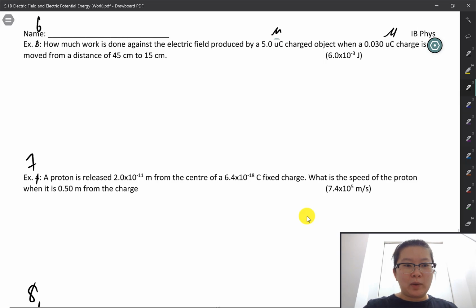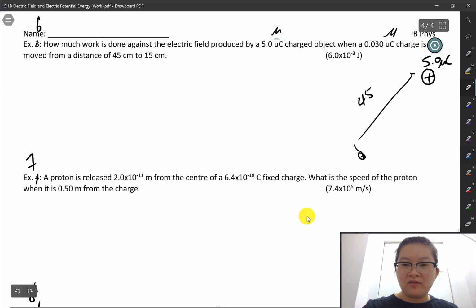So drawing a diagram, we got a 5 microcoulomb charge over here. So this guy is positive, okay? And then we got another small positive charge, which we're going to move from a faraway distance, or not really far away. It's only 45 centimeters. We're going to move this guy closer, where it's going to be 15 centimeters away from this positive charge.